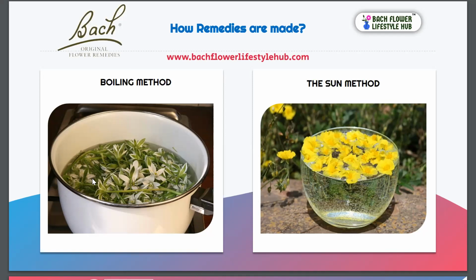Another system is the boiling system. During this boiling method, it is also very simple. The flowers are separated and boiled for around 2 to 3 hours to get the extract of the flower remedies, and it is further diluted with a similar kind of preservative, alcohol. In some countries, there are restrictions on alcohol being used in medicines.